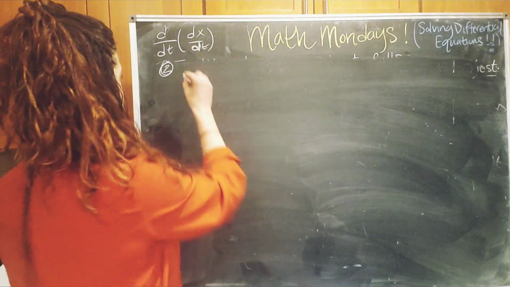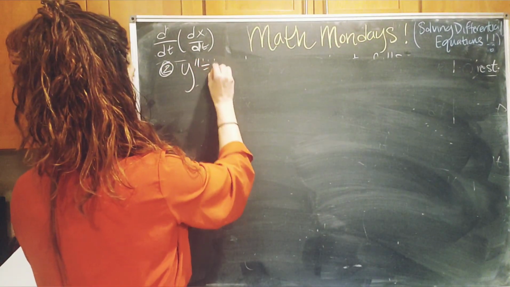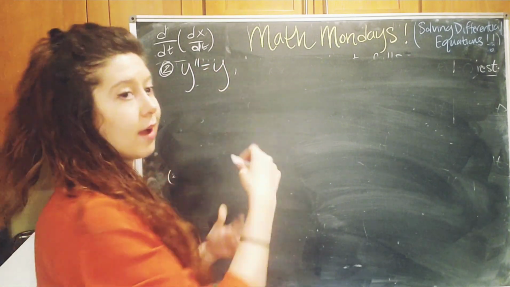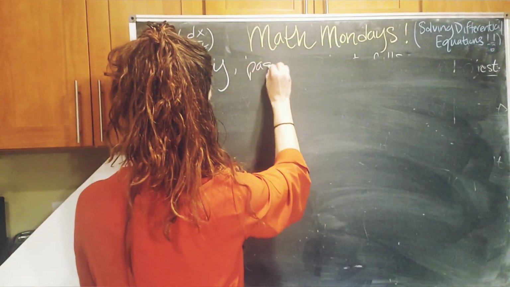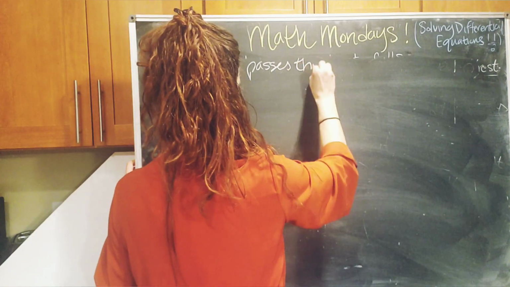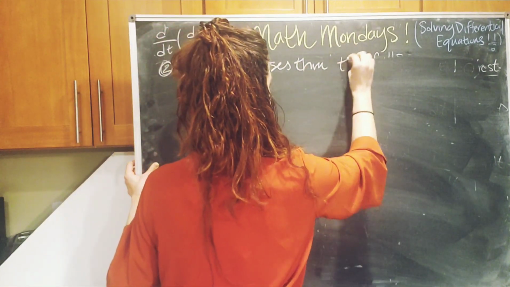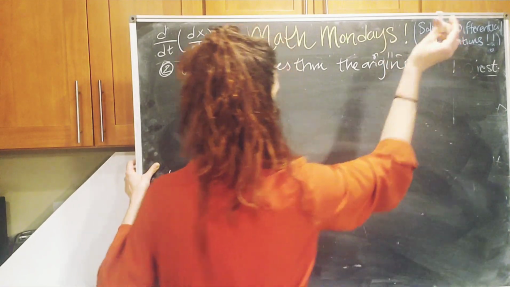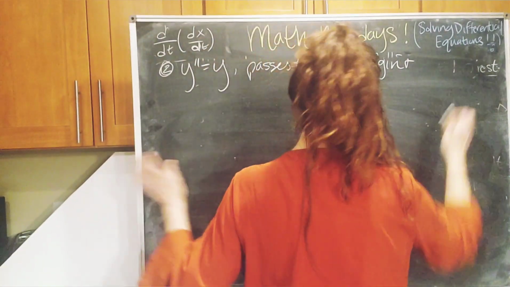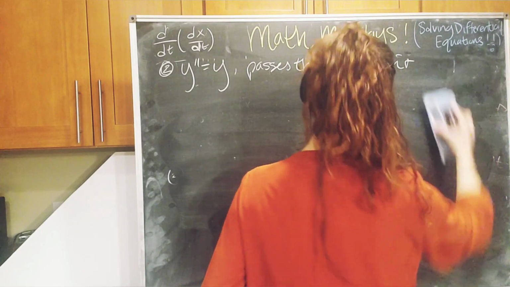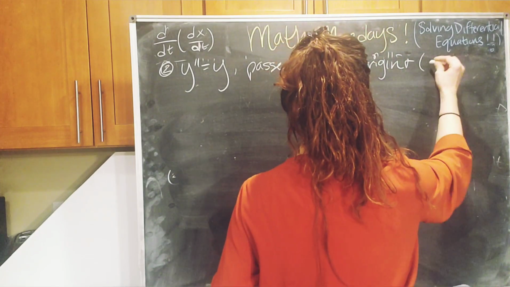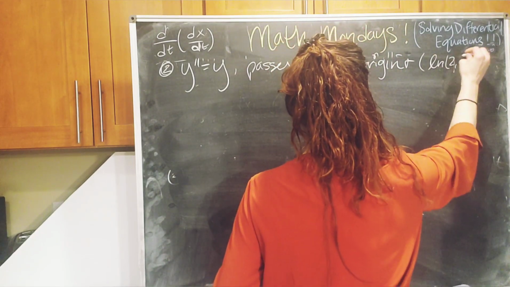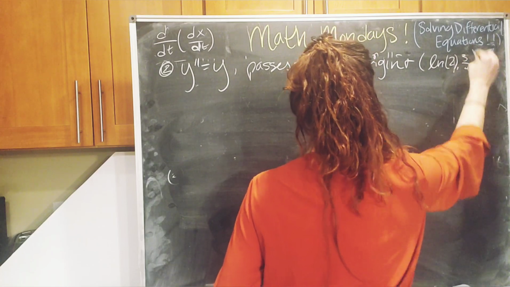Given y double prime equals y, with a line that passes through the origin and ln of 2, 3/4.